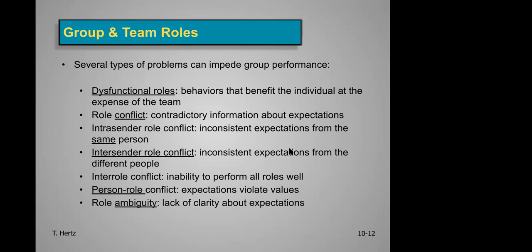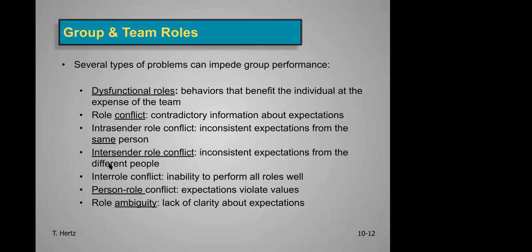Role conflict is another problem. This is contradictory information about expectations of the team. You have both intra-sender and inter-sender role conflict. So intra-sender, intra with an A, role conflict is inconsistent expectations from the same person within the team. Inter-sender is different people who are expecting different things out of the team.